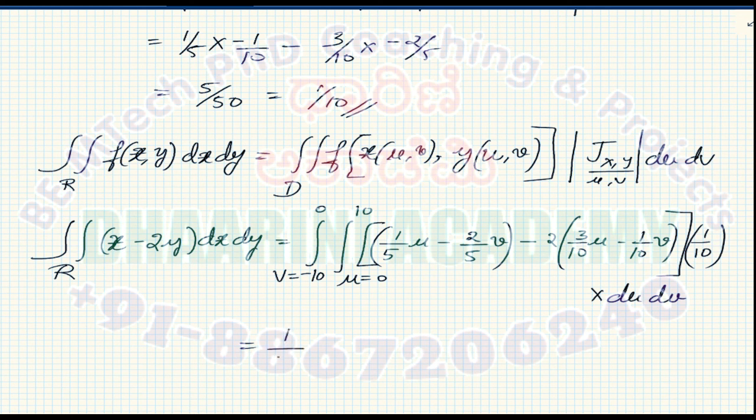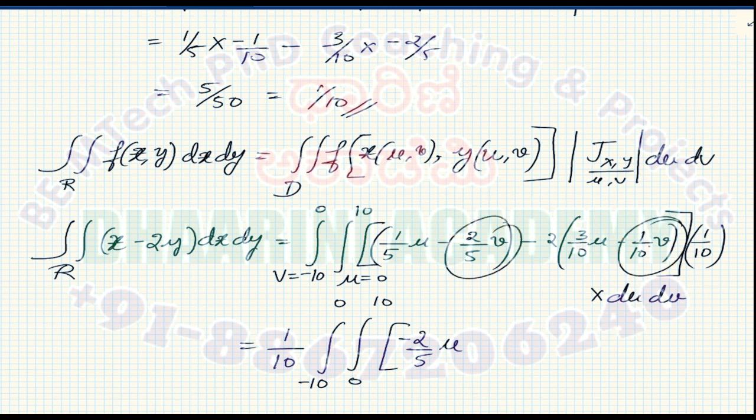I'll take the 1 by 10 outside. There is a double integration. First variable is v, which is minus 10 to 0. And the inner variable is u, that is 0 to 10. Let's simplify. 1 by 5 u minus 3 by 5 u is minus 2 by 5 u. Then this and this, when we simplify, 2 by 5 and minus 1 by 5, right?